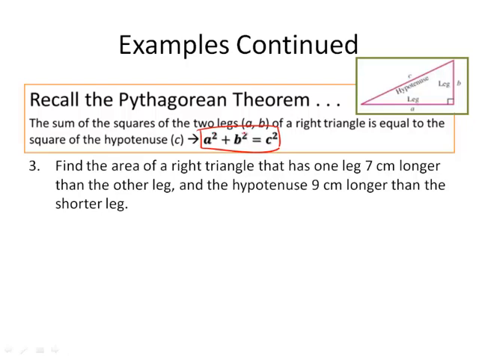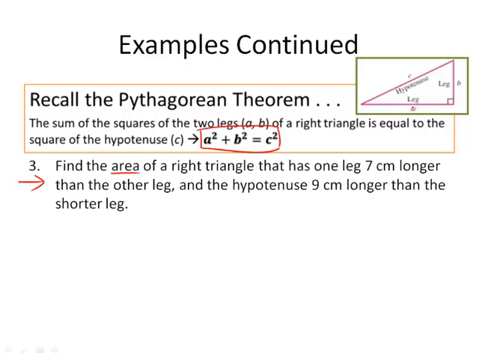You'll notice these squares will potentially form a quadratic equation, which will need all the things we've learned in the past, such as factoring or expanding, in order to solve something like the following. Find the area of a right triangle that has one leg 7 centimeters longer than the other leg.